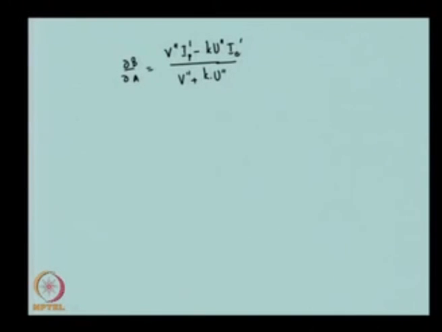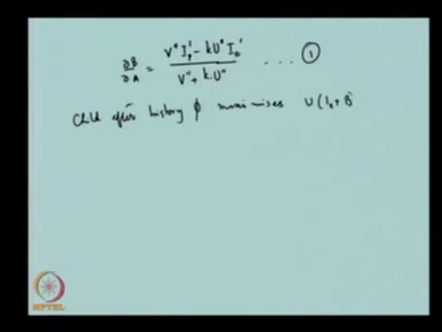So the child, after history A, maximizes U of IC plus B with respect to A.